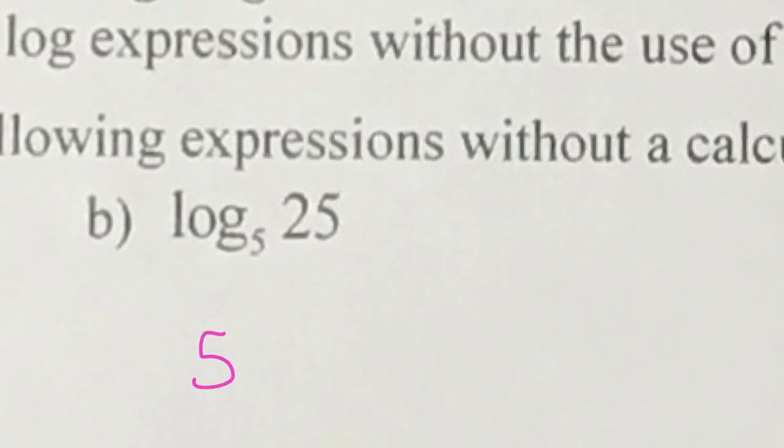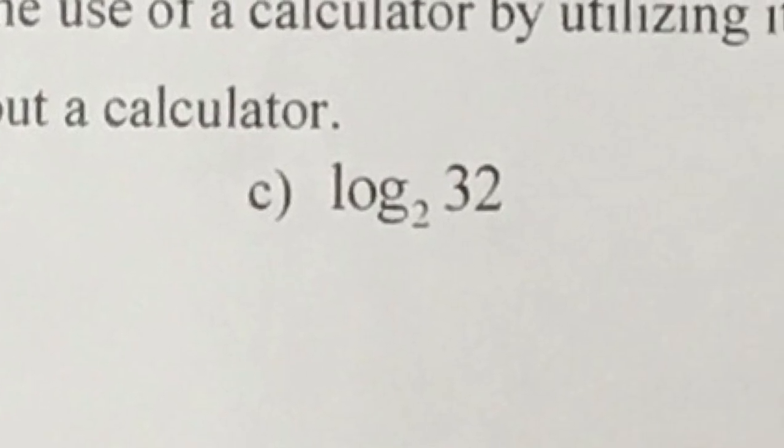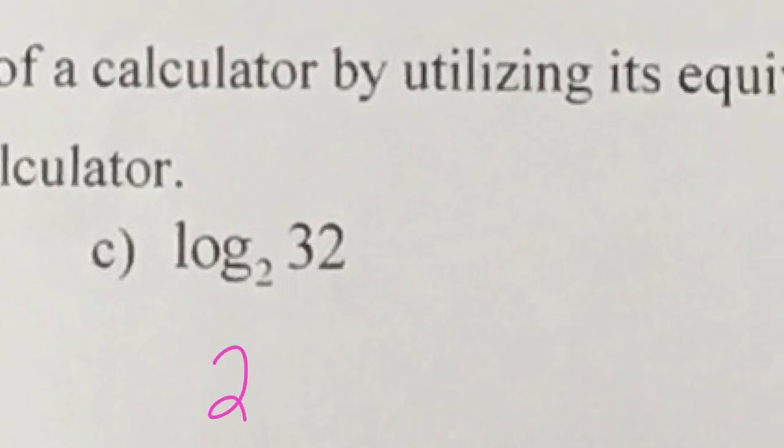So 5 raised to what power equals 25? That's 2, because 5 squared equals 25. So the answer is your exponent. The answer is 2. 2 raised to what power equals 32? How many 2's do I have to multiply together to get 32?